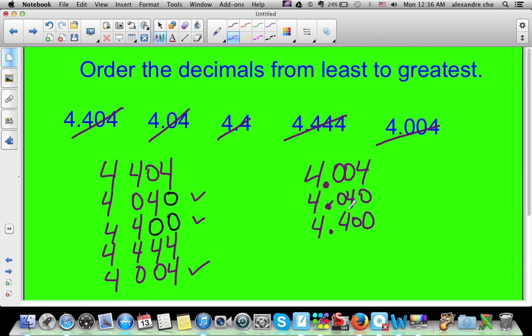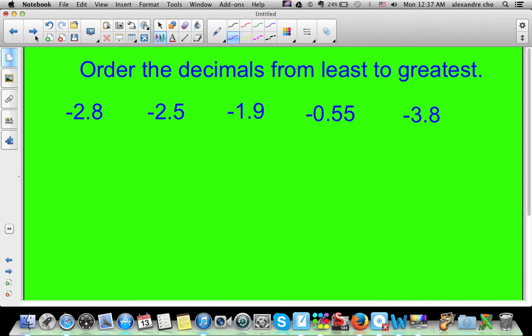My fourth number would be this one, 4.404. And finally, obviously, the leftover would be my greatest number, which is 4.444. Okay. Ooh, now these are negatives.